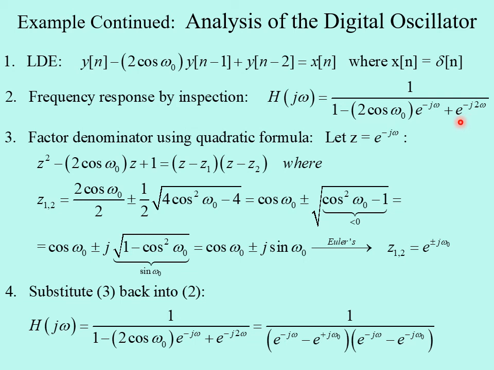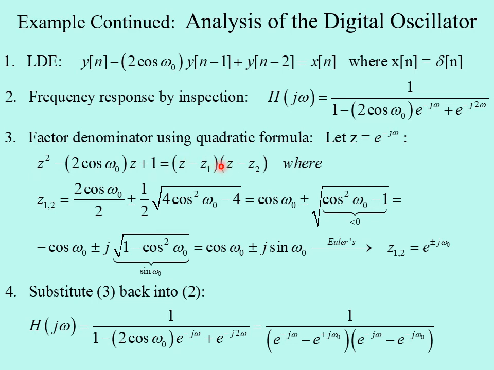Now, here's where it gets a little crazy. In order to handle this frequency response, I'm going to factor it. To do this, I'm defining a variable z, which is equal to e to the minus j omega, so that the denominator looks like this in terms of z.